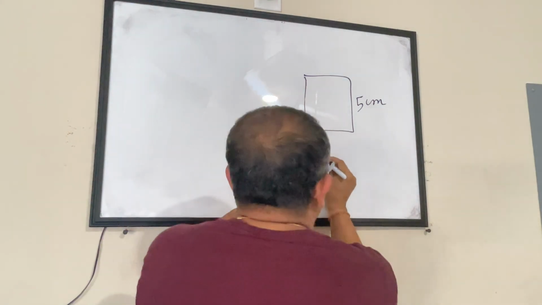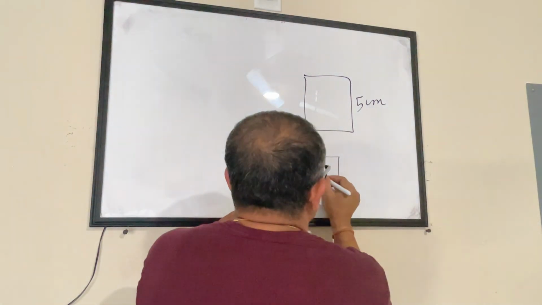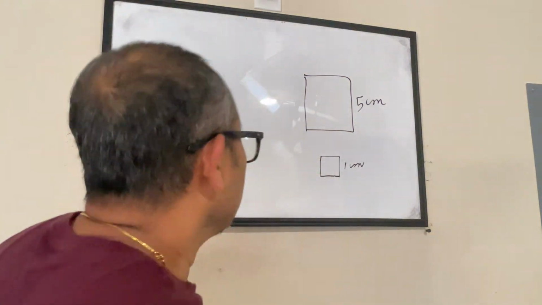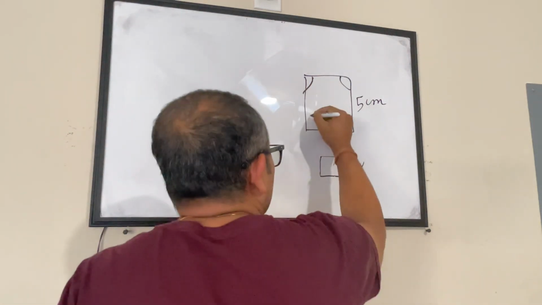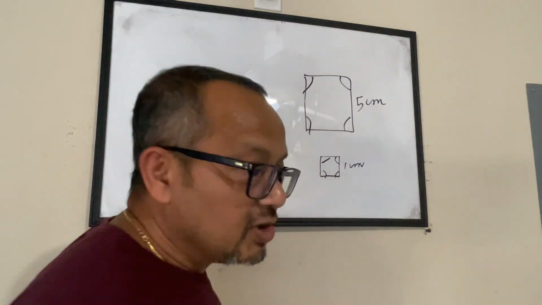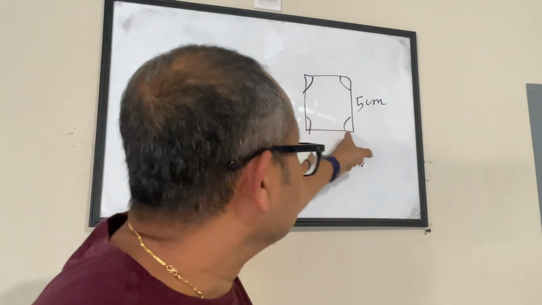I zoomed out, moved away from the square. This square looks like a baby square. Now every side is 1 centimeter. So what do you see here? All 4 angles are 90 degrees here. Here also it is the same. The only thing that changed was that the sides became smaller.